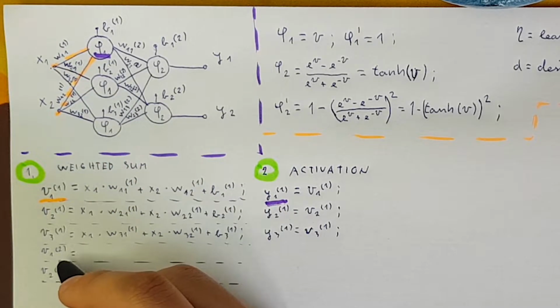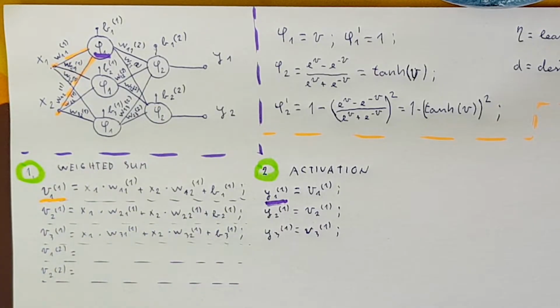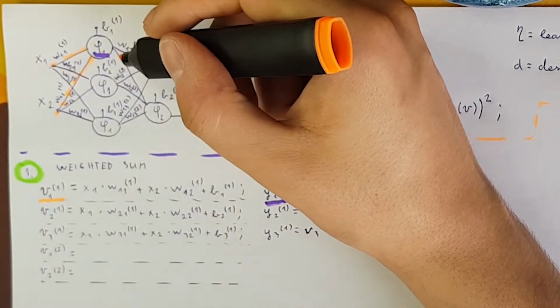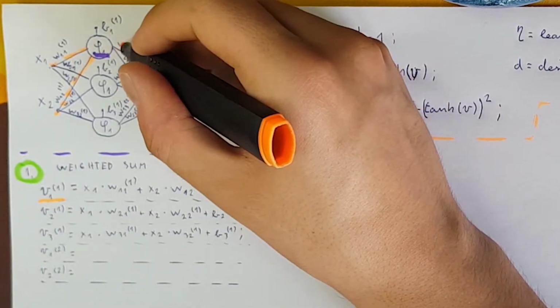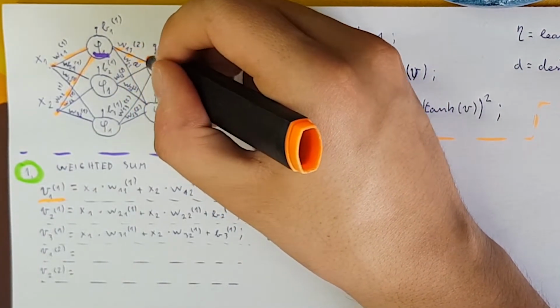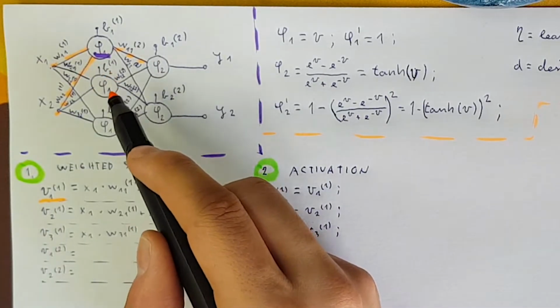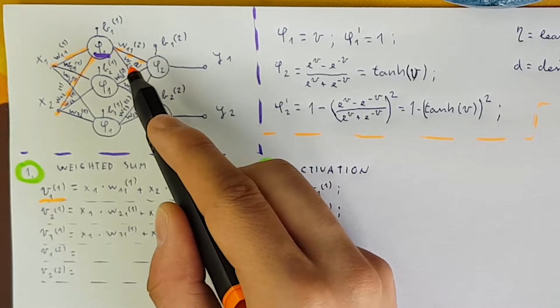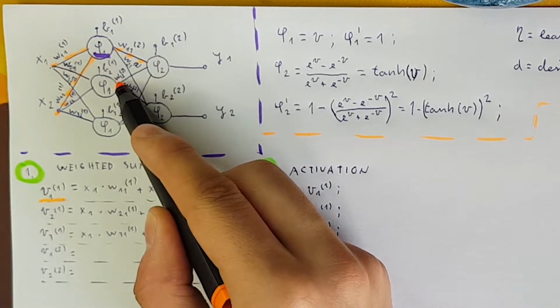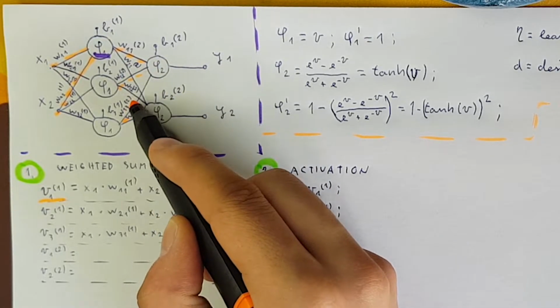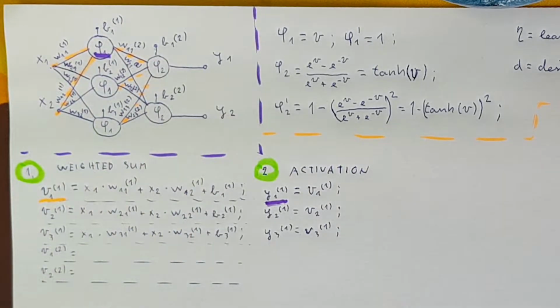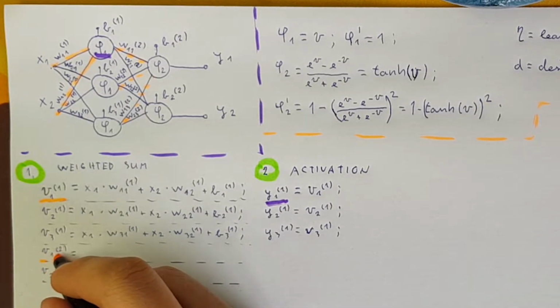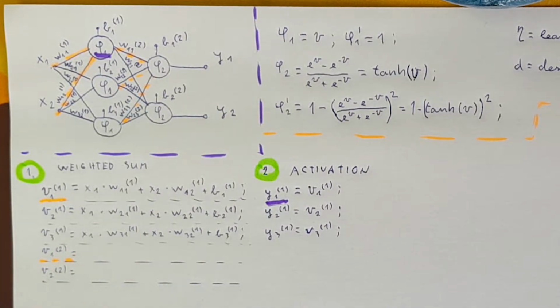So V1 of the second layer is the sum of y1, y2, and y3 of first layer, which are multiplied by weights of the connections, like this. So we can write it down like this.